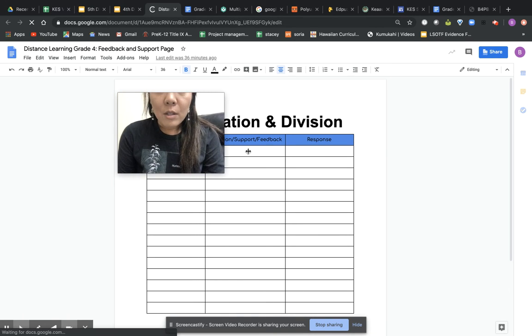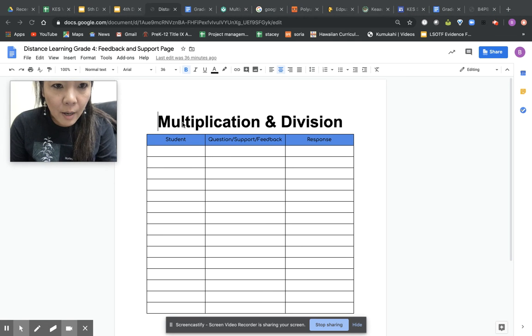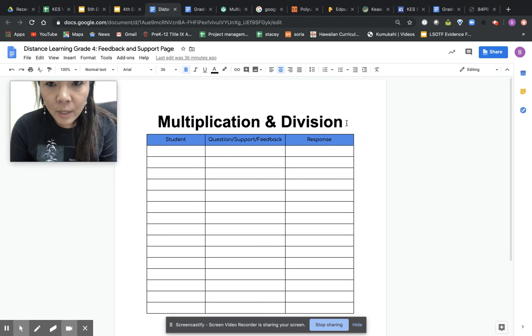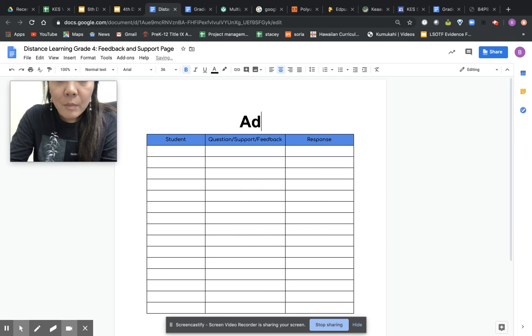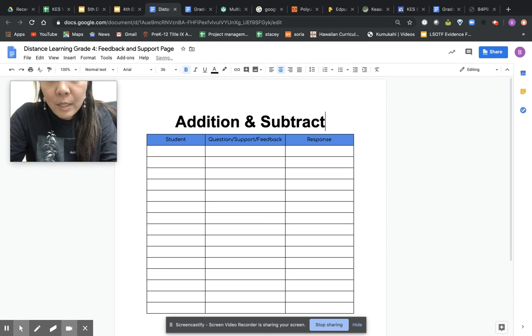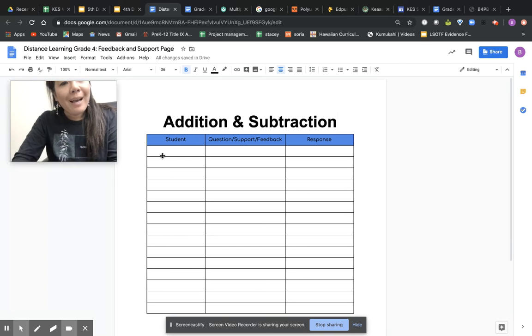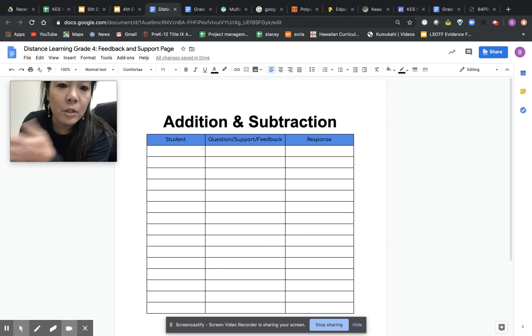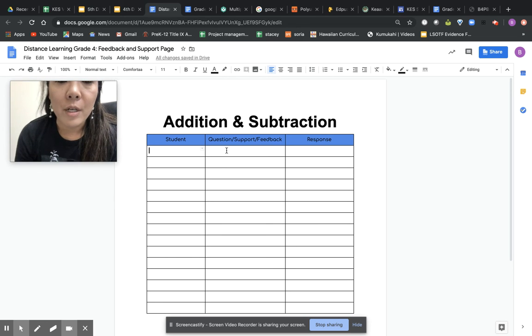Okay, so this is our fourth grade feedback tab. And I initially had put down multiplication and division, but I'm going to update that because we are just refreshing on addition and subtraction for this week. What you can do here is include your statement, explain what addition means, explain what subtraction means, and enter in a question.